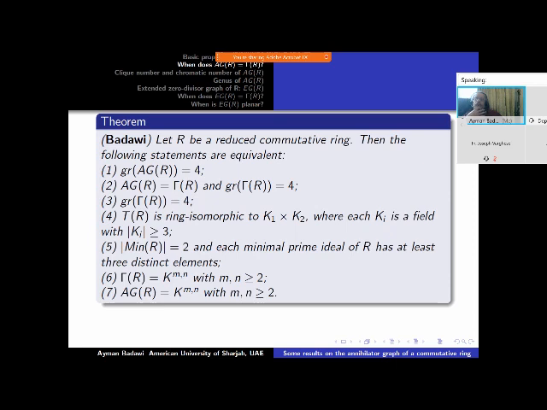But by 2, the annihilator graph is the same as the zero divisor graph, so I come up with this for free. I only need to show that they are the same. But then this comes free by a result by Anderson and Badawi.